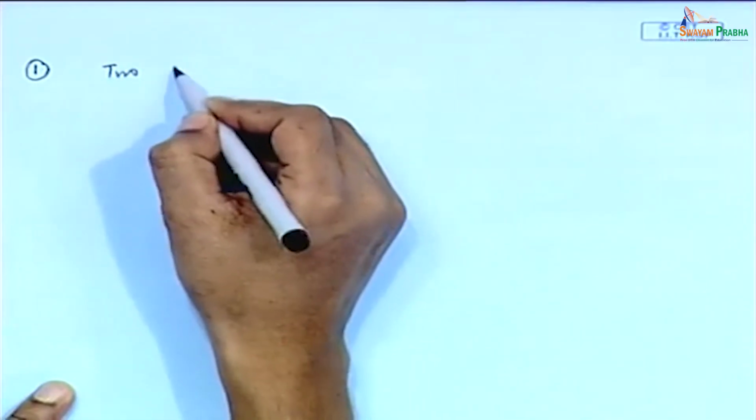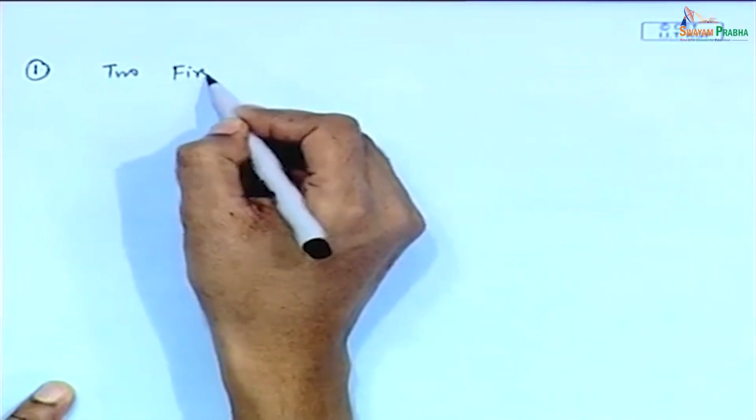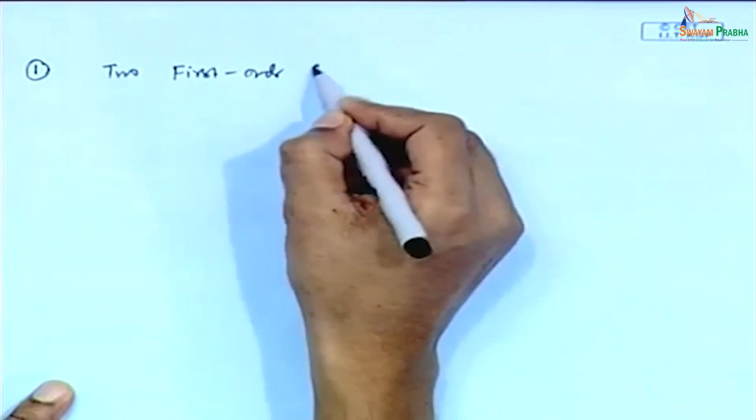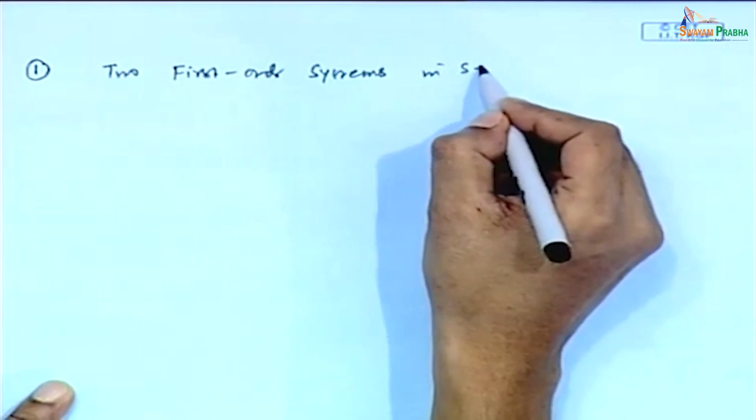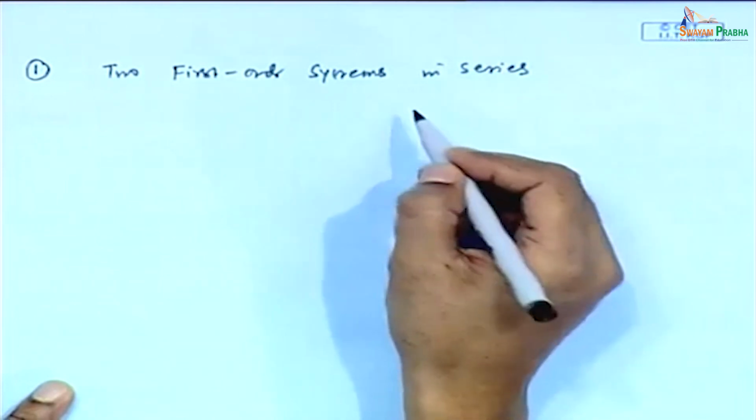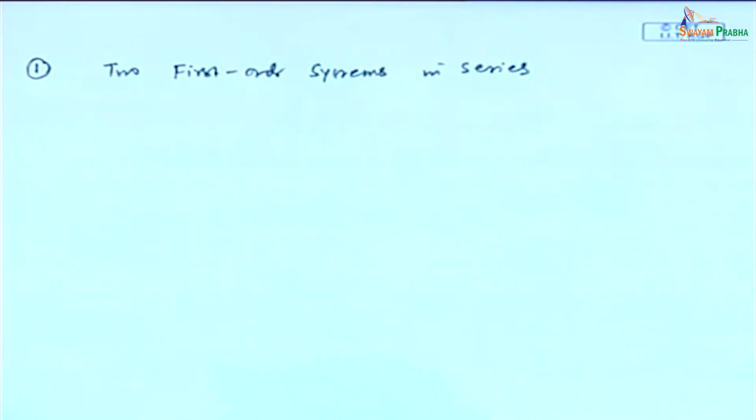By connecting two first order systems in series, the overall dynamics becomes second order dynamics. This is the first conclusion.